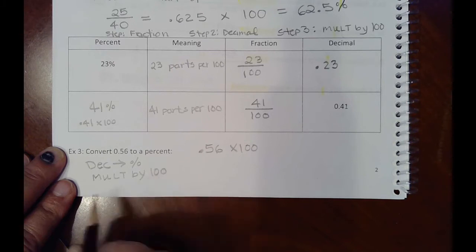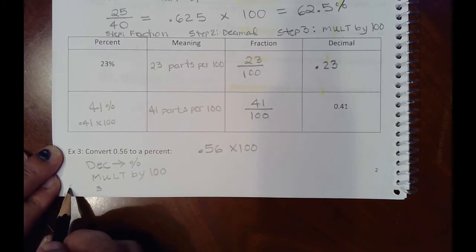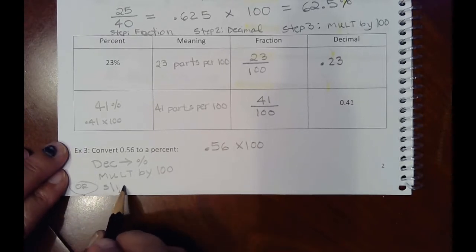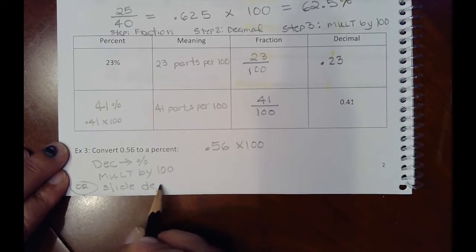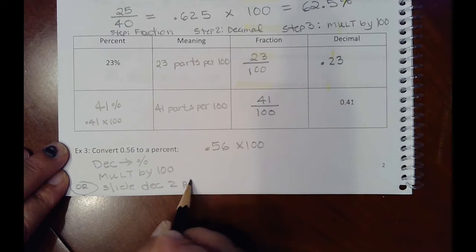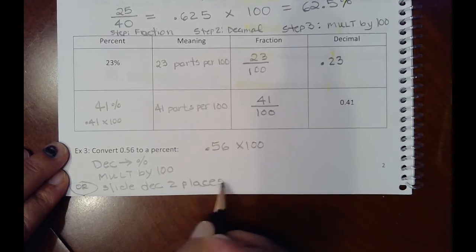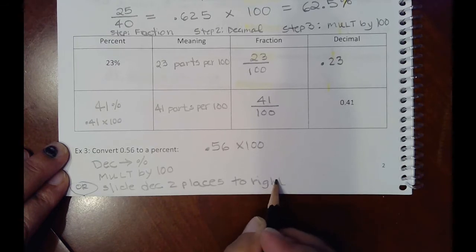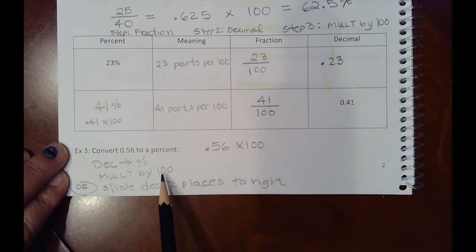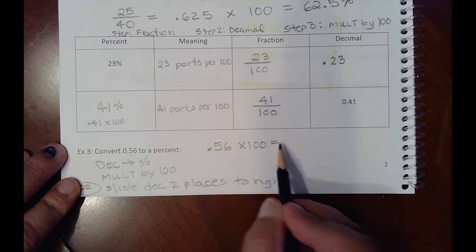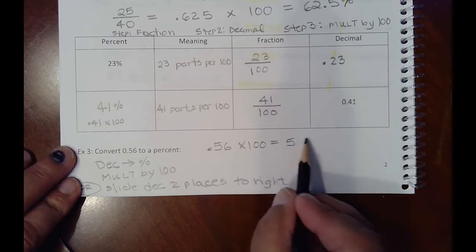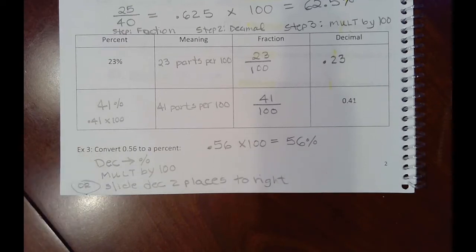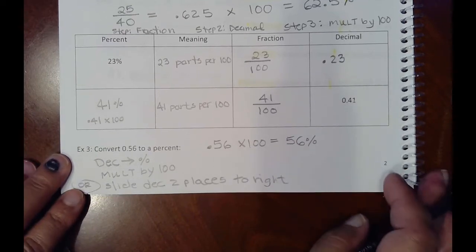That's one way to do it, or just slide the decimal 2 places to the right. Both of those will get you the same answer. Okay, I chose to multiply by 100 rather than slide it 2 places to the right, and you get 56%. Don't forget to put the percent symbol on there when you're converting it to a percent.